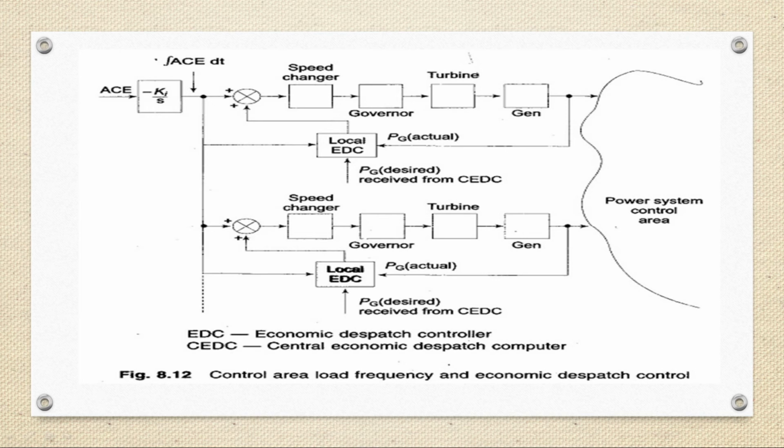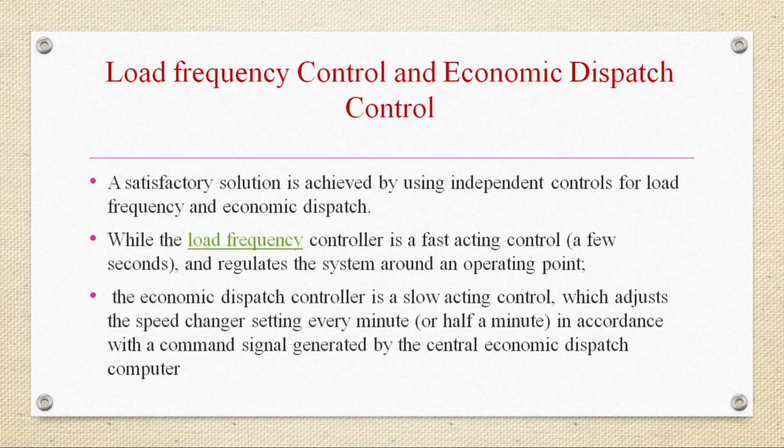Then here minus Ki by S can be changed to meet the desired load demand. Then again we can add one more system. This is a single area, this is a two area, and one more area can be added, and so on, 3, 4, 5, according to our requirements. This is the control area, load frequency and economic dispatch control diagram.